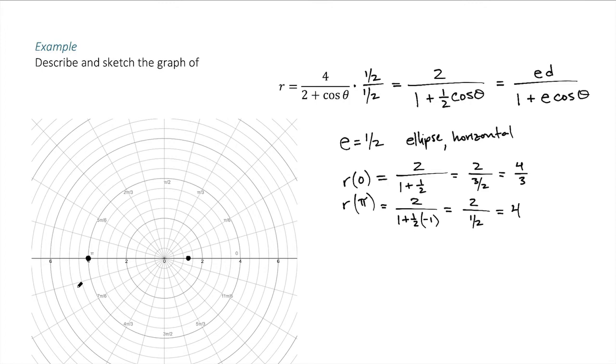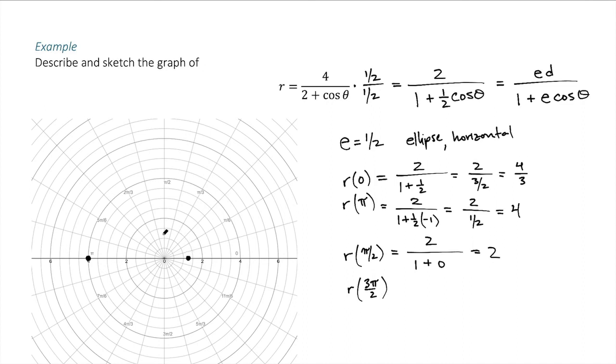It can be helpful to get just a couple of other points. Easy points would be when theta is pi over 2, or when theta is 3 pi over 2. By plugging those in, we have 2 over 1 plus 1/2 times cosine of pi over 2, which is 0, so we just get 2.